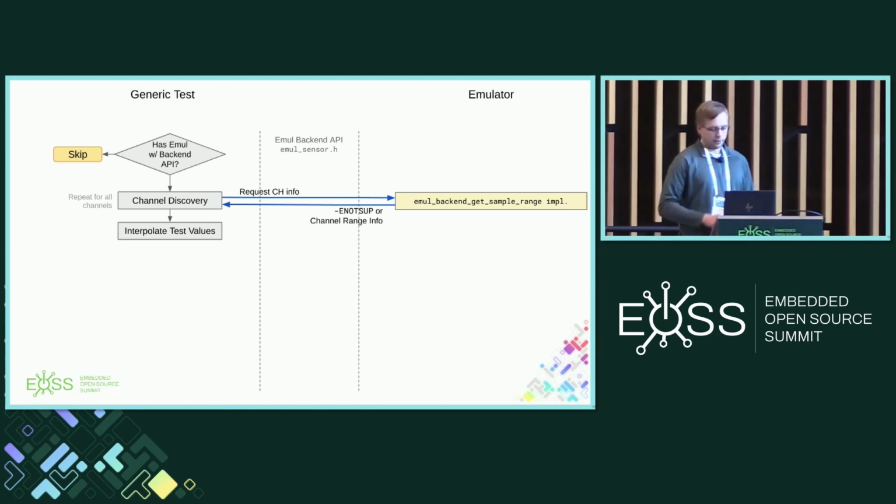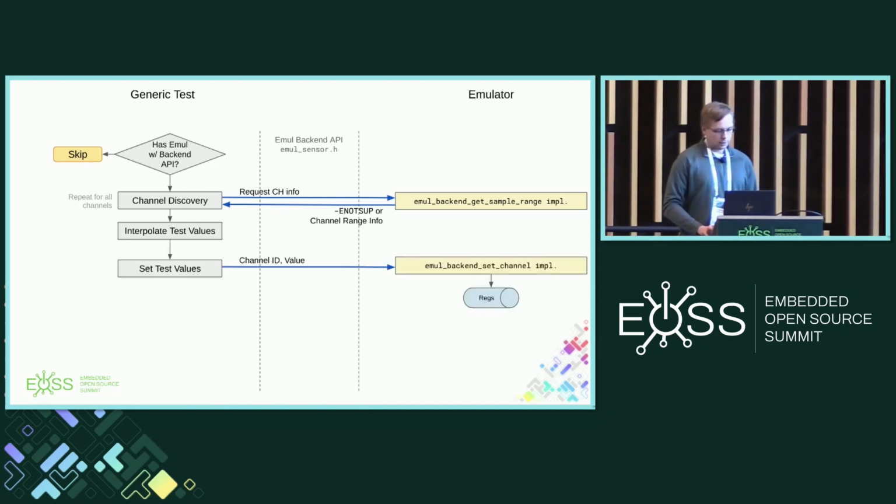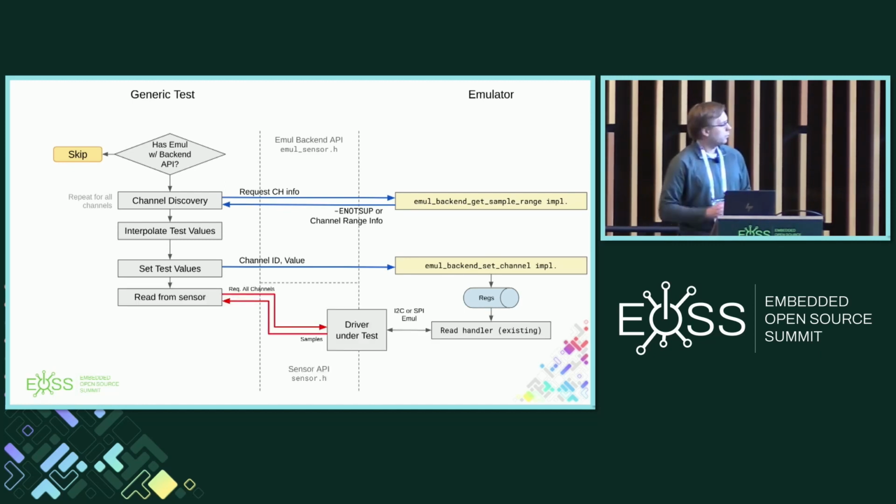We store those values, and then one at a time, we set those on the emulator, and it will do whatever it needs to do to update its internal state, converting from a real-world SI unit. Everything in the generic test is using real-world units, such that when we read it back, we get that expected value returned from the sensor driver that we are testing.